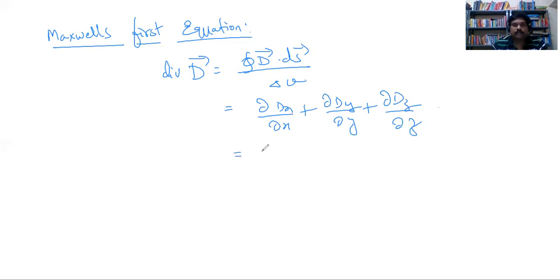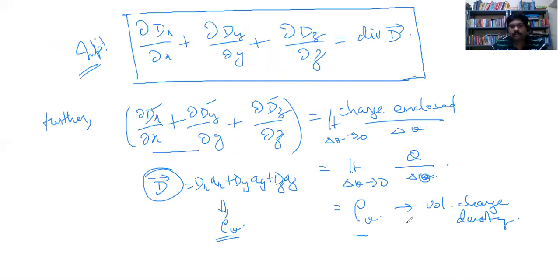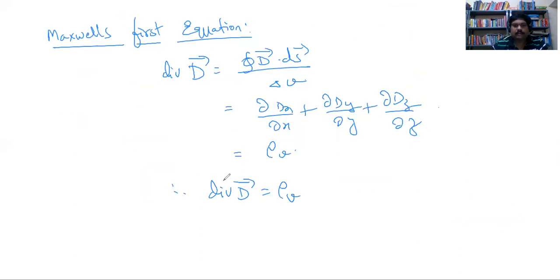We saw this is equal to rho v. So therefore, divergence of D equals rho v. So this was the corollary for our previous derivation, an extra extension that we got. We named this extension, the corollary, as Maxwell's first equation.